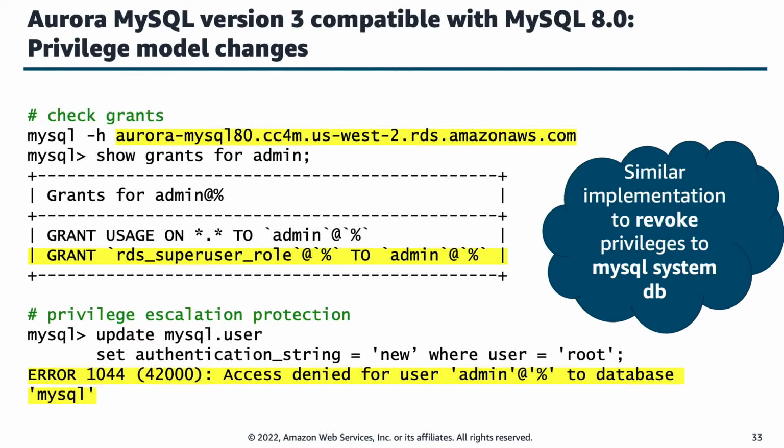So we have implemented a similar approach. And in Aurora MySQL 3, you don't have any access to the MySQL system database. Now, the common question that customers are asking sometimes is, how do we provision the privileges?